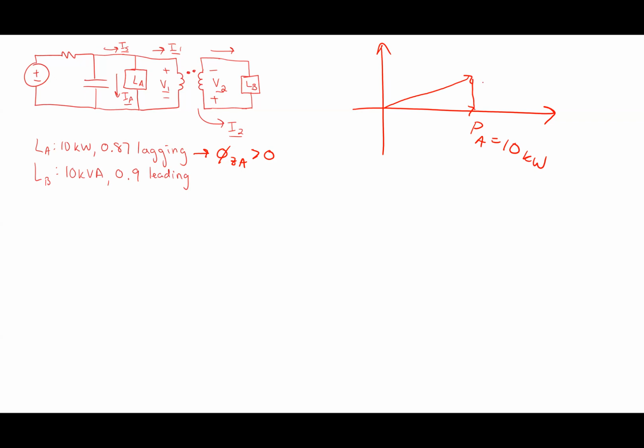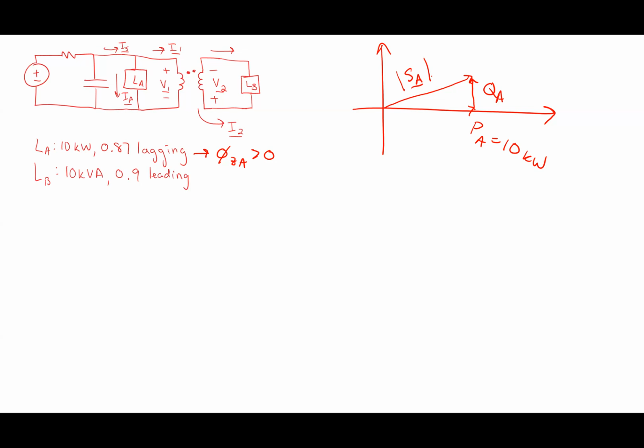And then Q is going up. How do I label this side of the triangle? You say the magnitude of S. Yep. All right. Apparent power is the magnitude. Complex power is the name for the vector. Okay. So I want to figure out magnitude of S and I want to figure out QA.